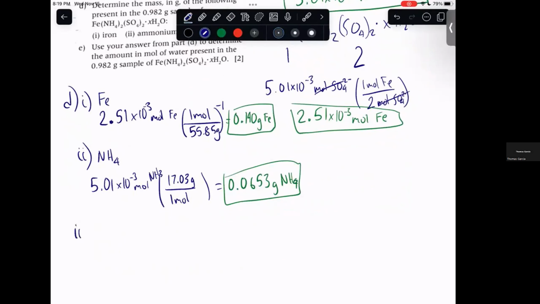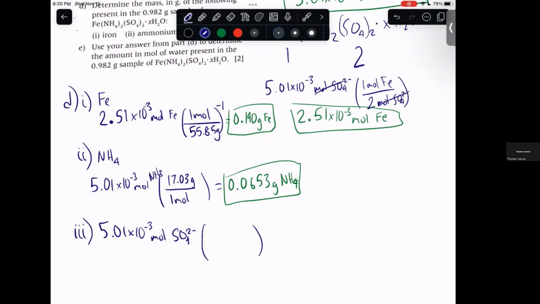Lastly, our original component, the sulfate, 5.01 times 10 to the minus third mole of sulfate, SO4 2 minus.